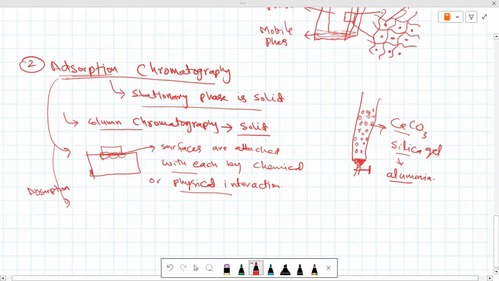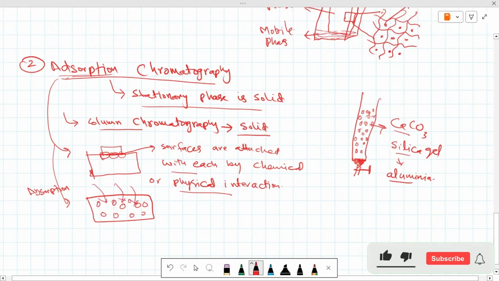What happens in absorption? For example, we have a sponge. When we put this inside the water, what will happen? The water will go inside these spaces in the sponge.